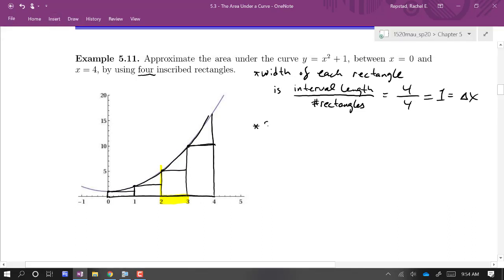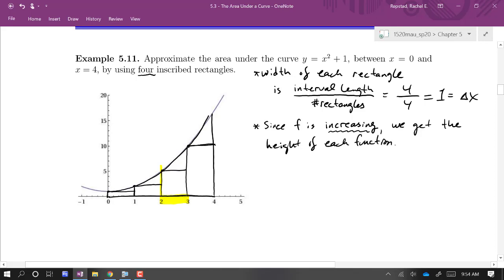And so I'm just going to jot that down. We get the height by using the left endpoint for inscribed rectangles. Of course, the height itself is the y coordinate.